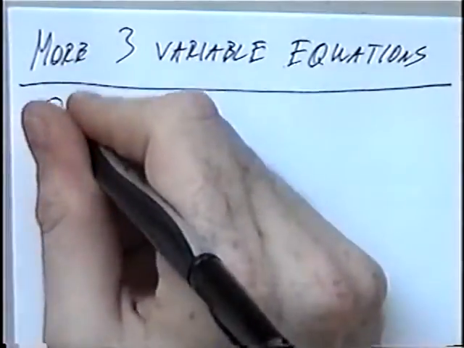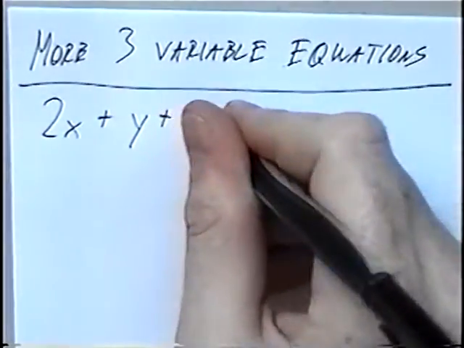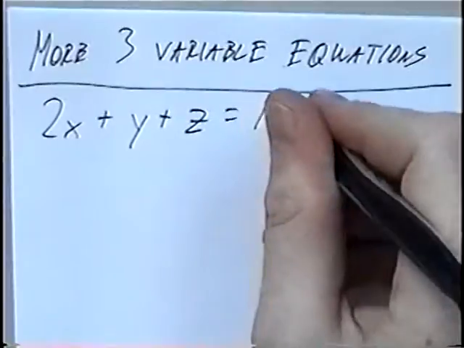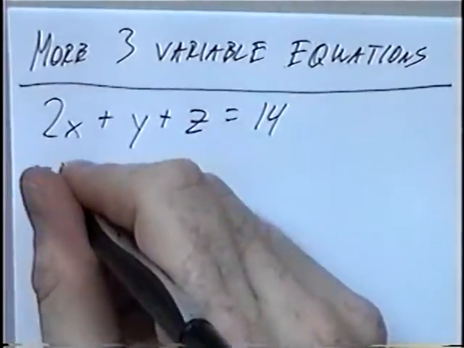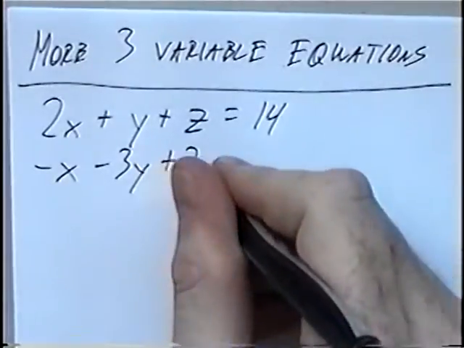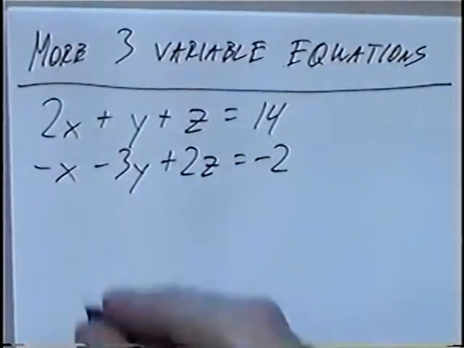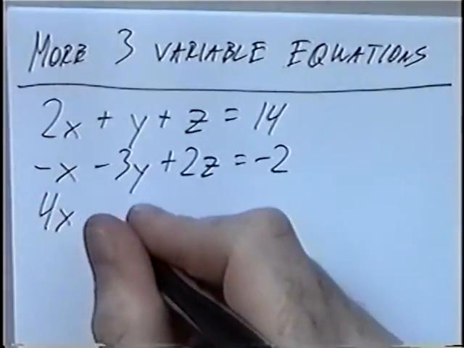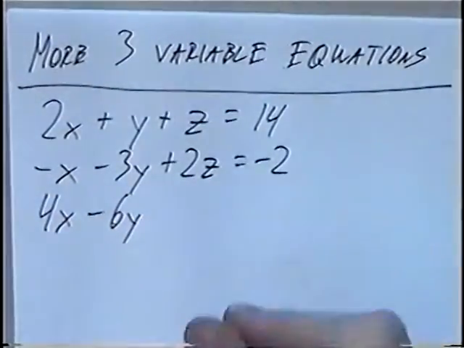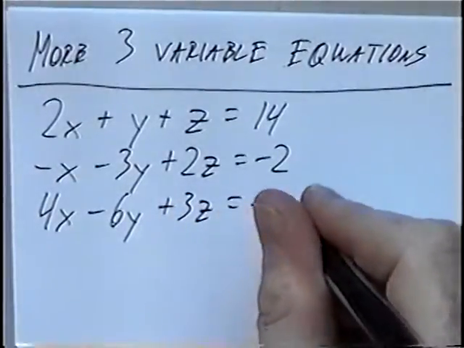First equation is 2x plus y plus z equals 14, and negative x minus 3y plus 2z equals negative 2, and last equation 4x minus 6y plus 3z equals negative 5.